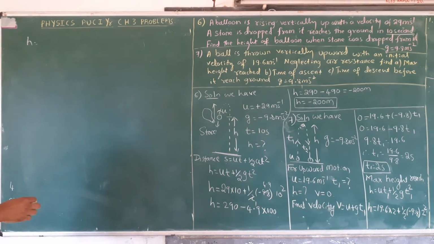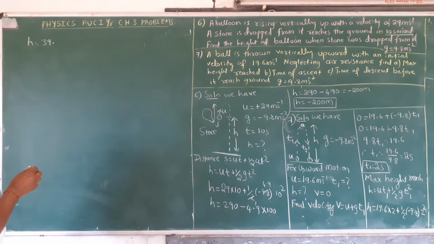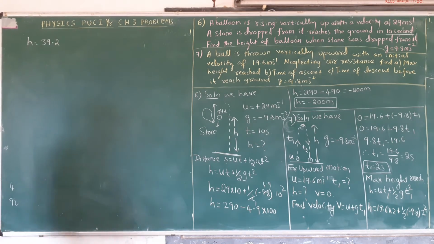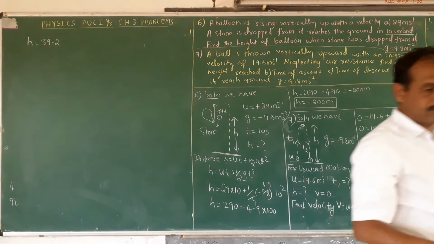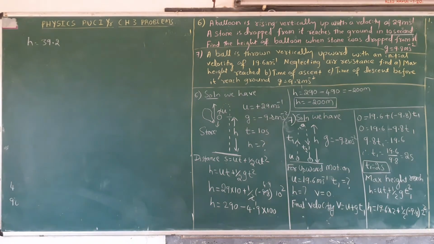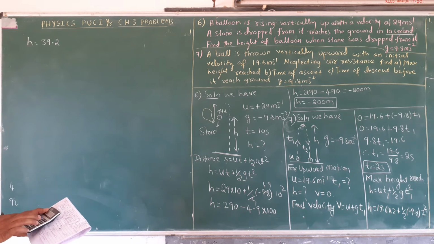How much you got? 39 point, I think 39.2. Yes, with the help of calculator, how to calculate it? This is 39 point. 19.6 into 2. How much you got?